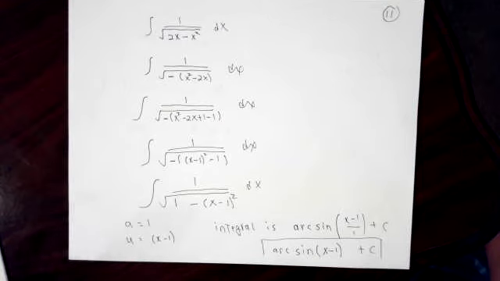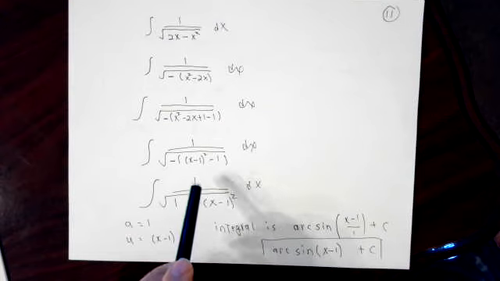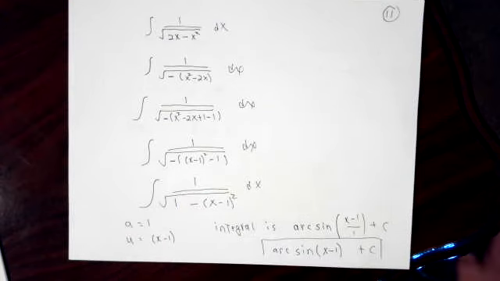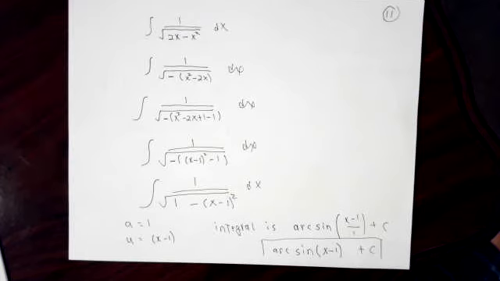This makes the quantity underneath the square root the negative of the square of x minus 1, minus 1. Then I'll bring the negative sign inside the outer parentheses. Negative of negative 1 is 1. So I'm going to be integrating the integral of 1 over the square root of 1 minus the square of x minus 1.